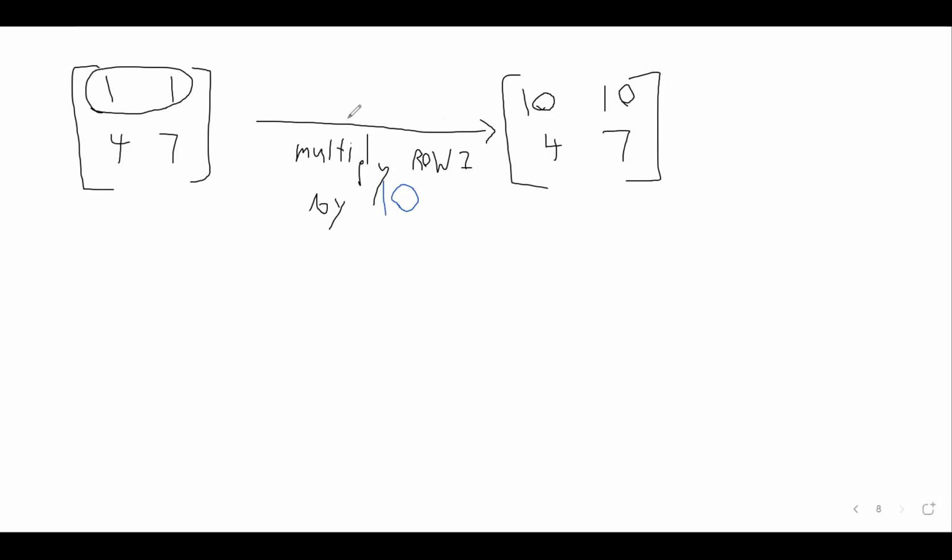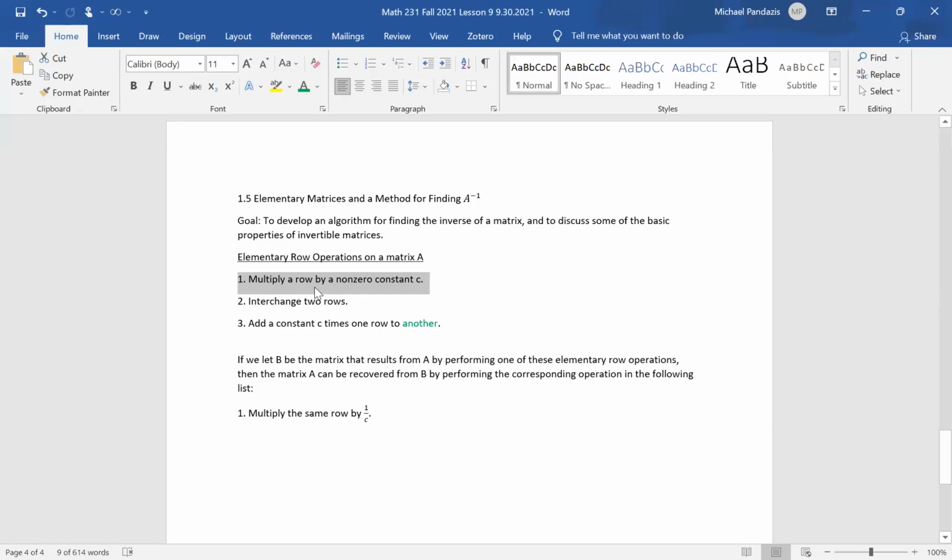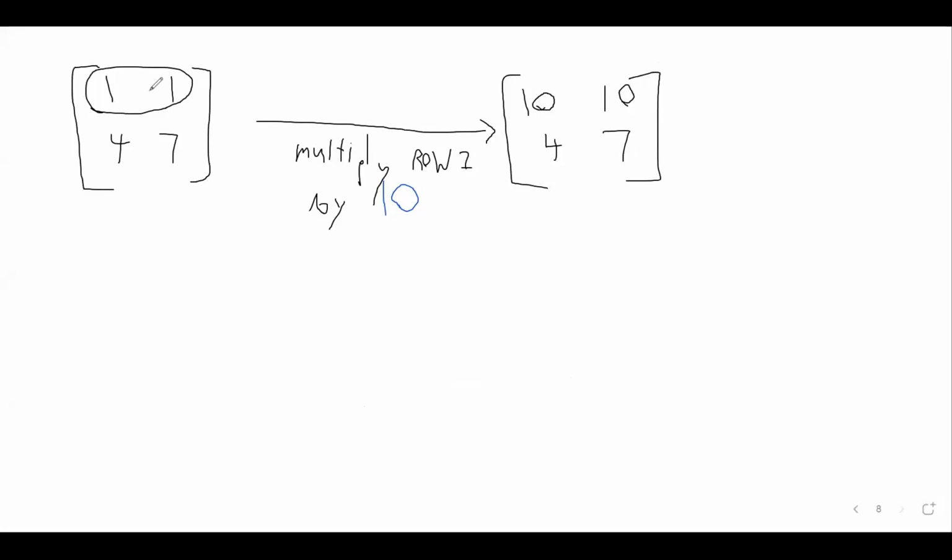Now that's the first elementary row operation in the list. So looking at this list, the first elementary row operation is multiply a row by a non-zero constant C. Our non-zero constant C here is 10. That's an elementary row operation. Now, what we want is to recover the original matrix from this new matrix. We have a new matrix from the old one because we multiplied the first row by 10.